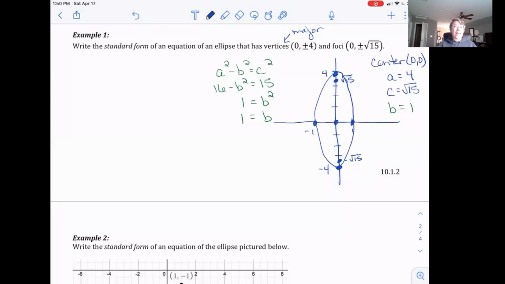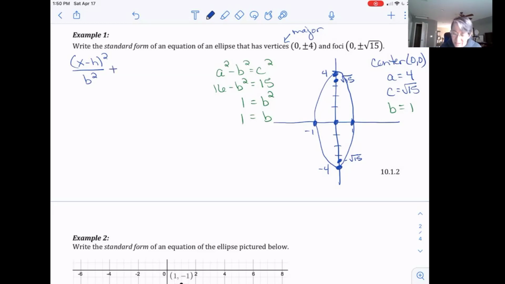So I have my a and b, and really that's the only values that we need, a, b, and our center. When you're studying something new, I strongly recommend rewriting that formula every single time so you don't forget it. So (x minus h) squared over b squared, because it's not elongating left to right, but up and down.